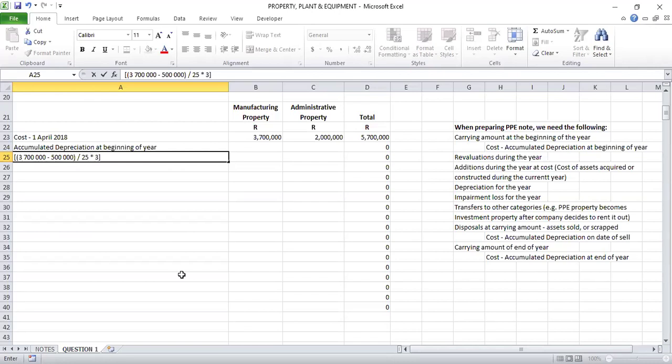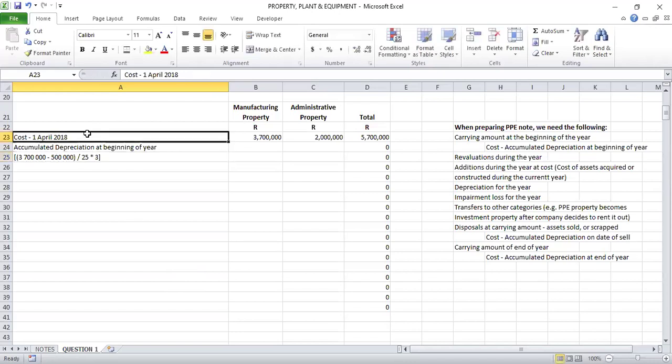there for 3 years. I will repeat. 3.7 is the cost, minus 500,000 is the residual value. Then we divide by 25, the useful life of the asset. That will give us the depreciation for 1 year. But then we multiply it by 3 because by the beginning of the year, on 1 April 2018, the building had been available for use for 3 years.